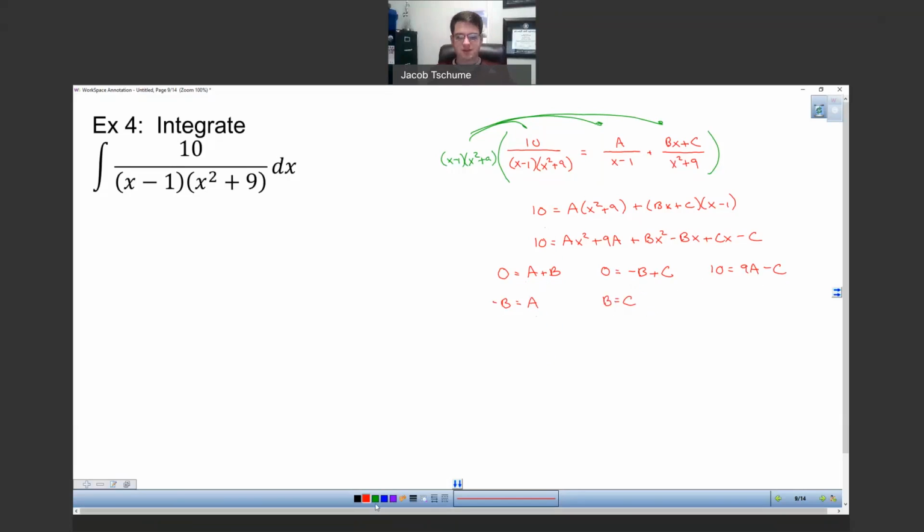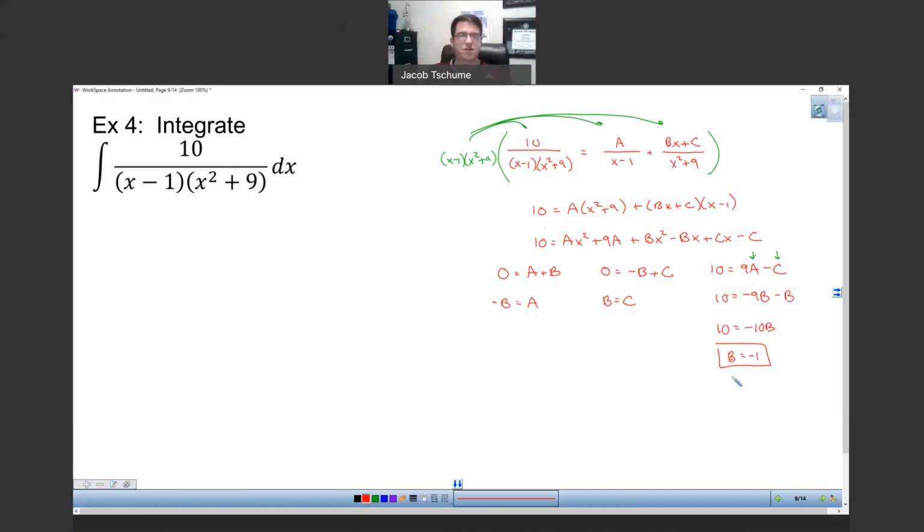What that now allows me to do is on this last equation, I can turn this A into a negative B and turn this C into a B, and I can at least get one of my letters solved for. So this would be 10 equals, since A equals negative B, this actually becomes negative 9B. And since C and B are the same thing, this just becomes minus B. That means I can solve for B now. 10 would equal negative 10B, and therefore B would equal negative 1.